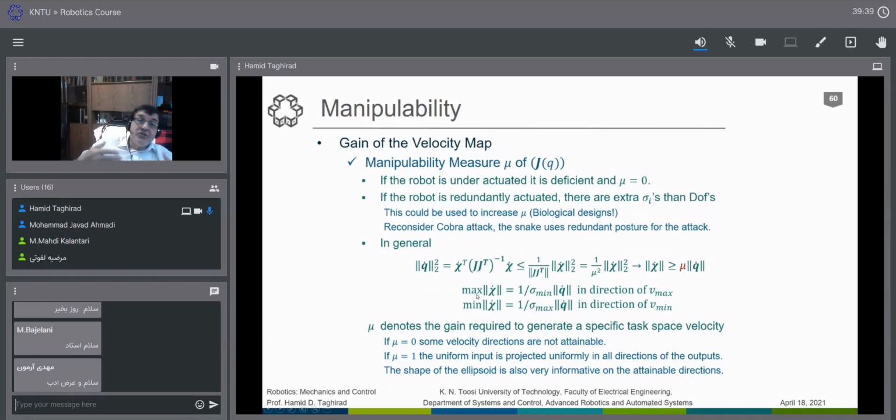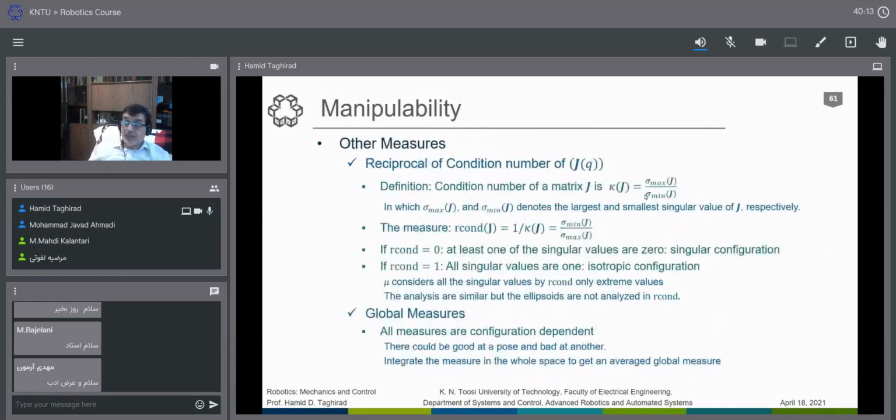Maybe in some direction we have singularities, as Zahra asked last time, but in the other directions we have higher and better speed. And this means that we can consider this in general in terms of the ellipsoid. Although mu gives you a very global, general perspective of the dexterity, the ellipsoid can give you all the details in the direction of the velocities.